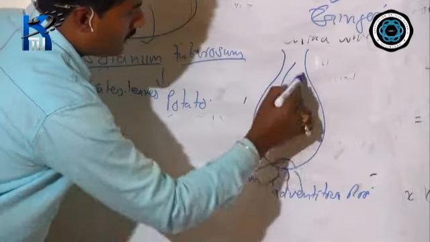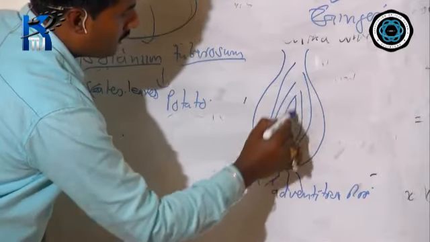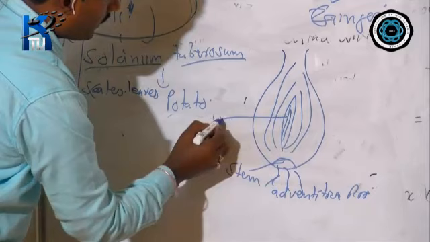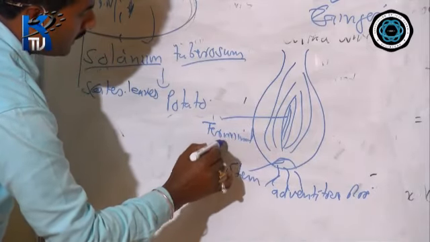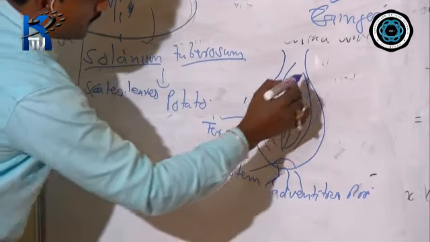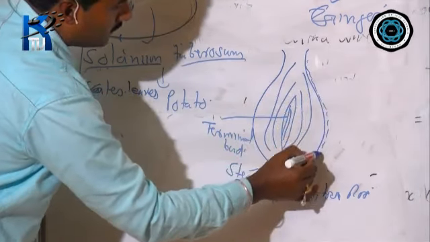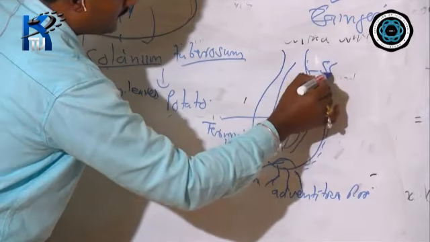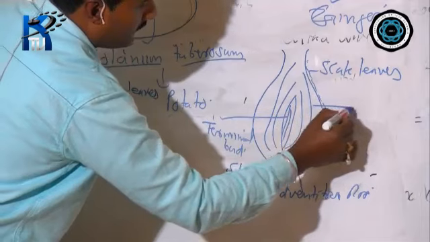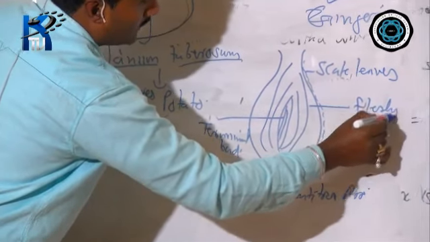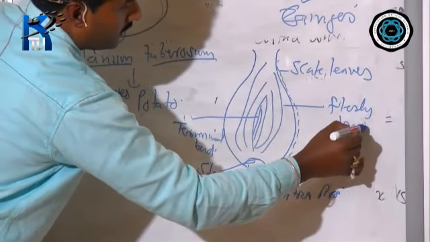Here you will find the terminal bud. The dry part of the leaves you call scale leaves, and the fleshy part of it you call fleshy leaves.